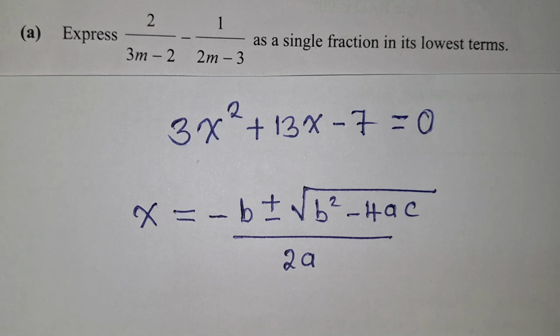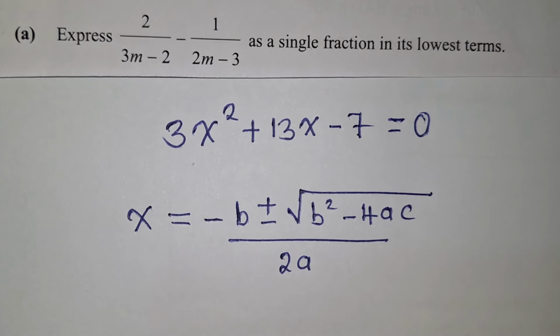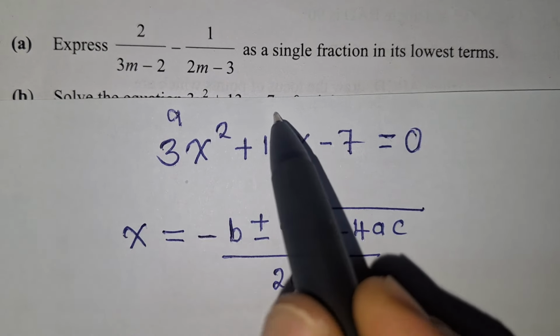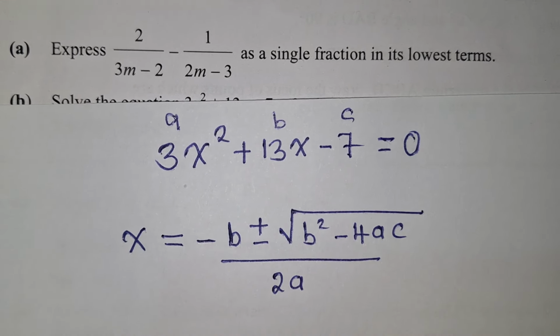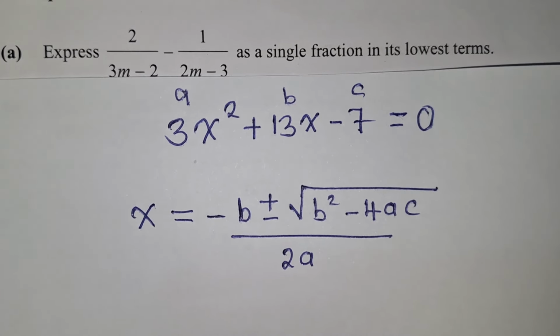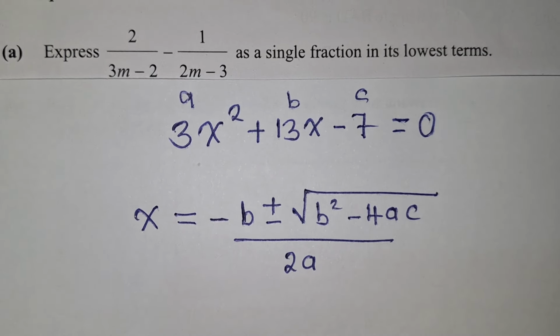So for this quadratic formula to work, we need to label. This is our A, B, and C. So now, how did I get to know that this is my A, my B, and my C?